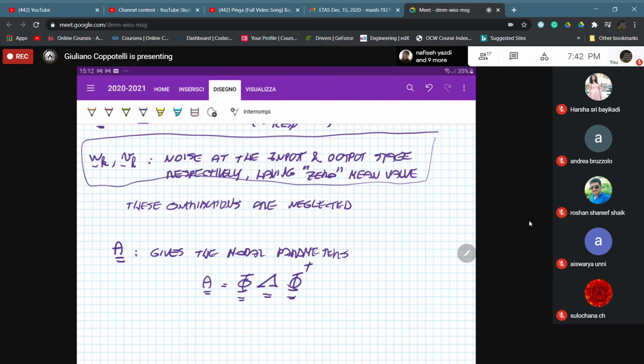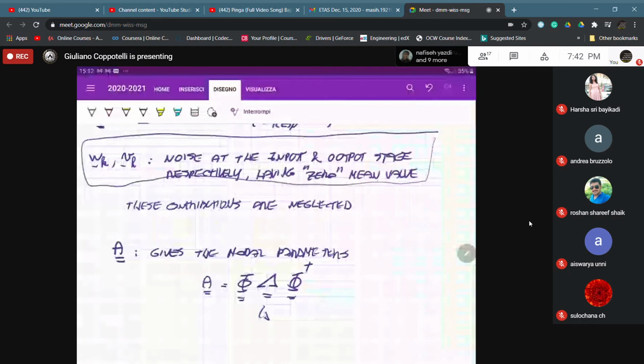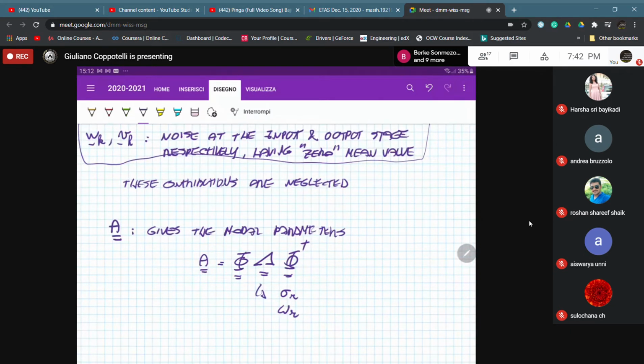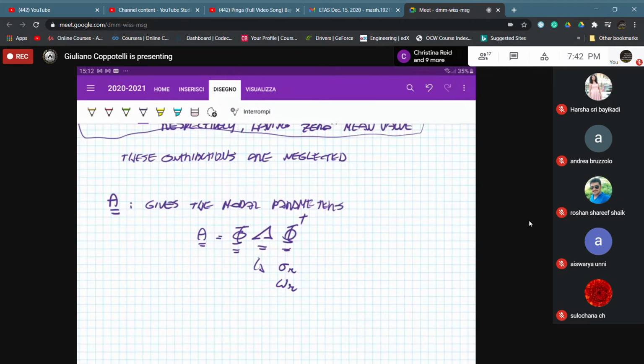From the capital lambda, we have the damping, decay, the natural frequencies, and then the mode shapes. Actually, the phi modal matrix is referring to the whole state vector.